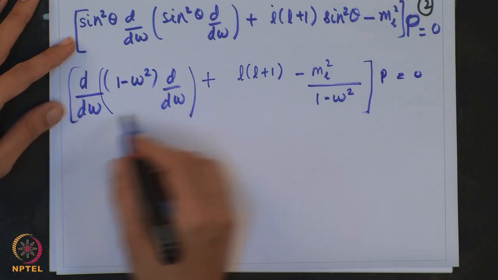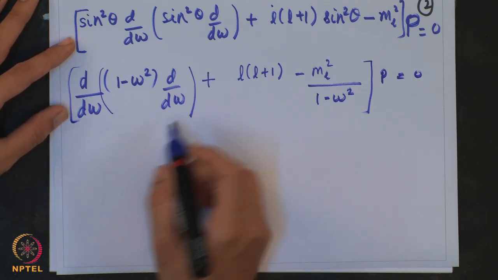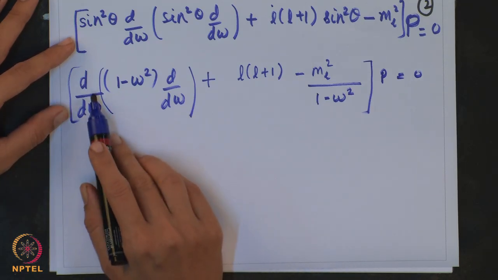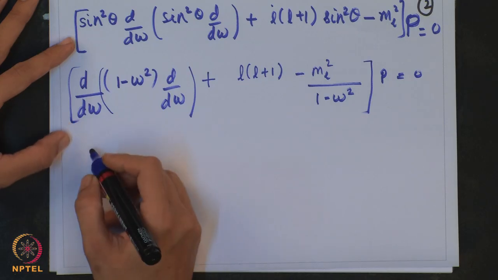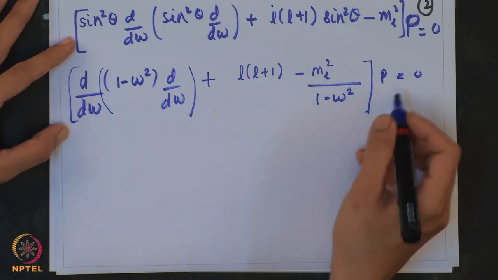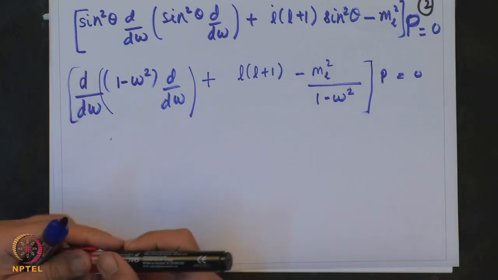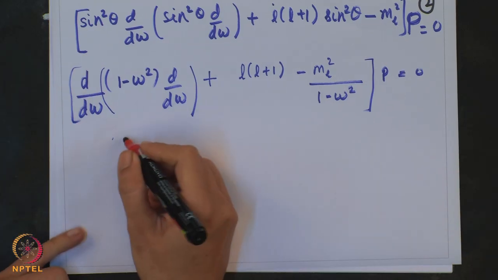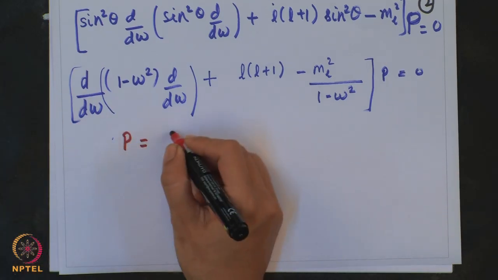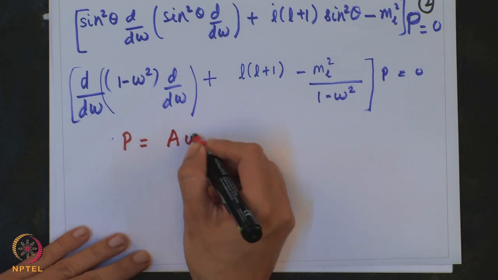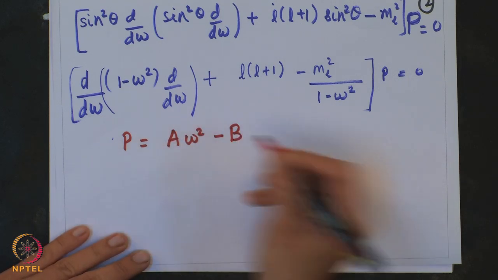Now, it is very simple, here you will do the differentiation, and at the same time we make a substitution for P. P is a omega square minus b.